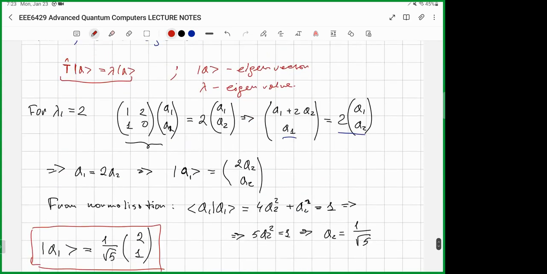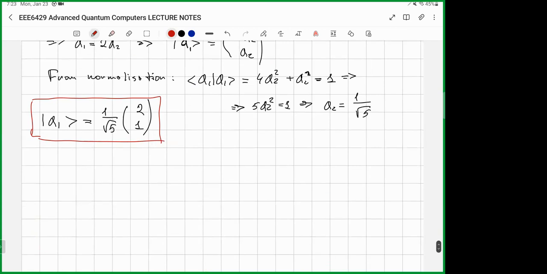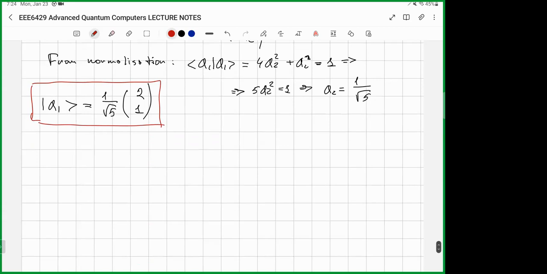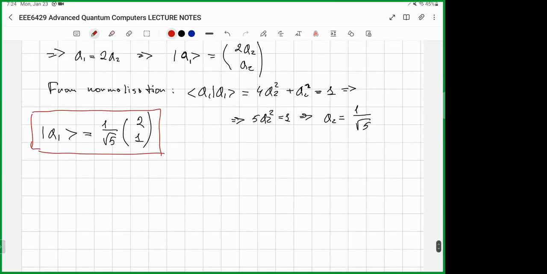But there are two vectors, which are called eigenvectors, that when acted on by the matrix T don't change direction, but only get multiplied by an eigenvalue. And now we are searching for these eigenvectors.